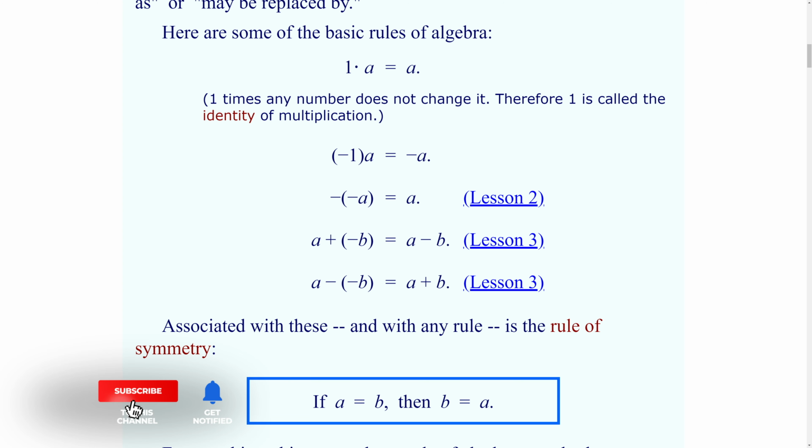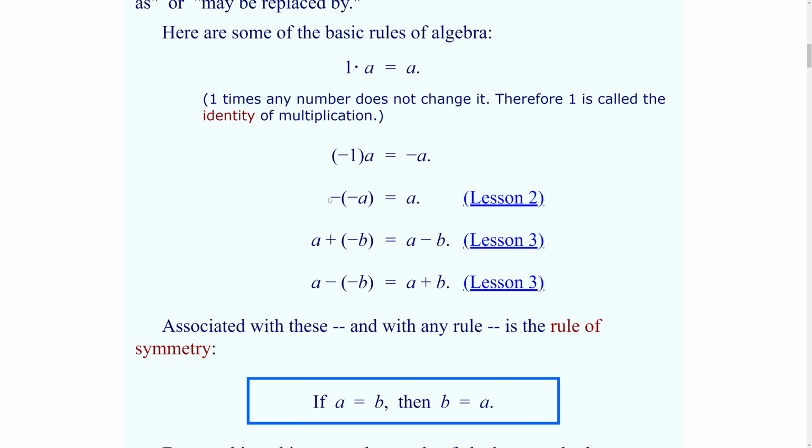And incidentally, it's called the identity of multiplication, but for the purposes of this tutorial, that's not that important. What is important is you remember that when we multiply any number by 1, the number just does not change. And here we have some examples of this property. And if we multiply A by -1, we still retain that negative number.